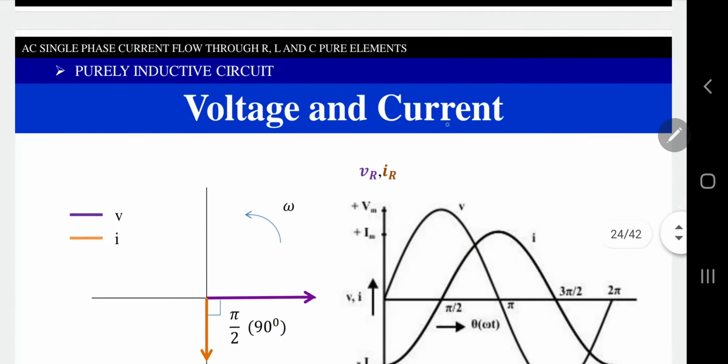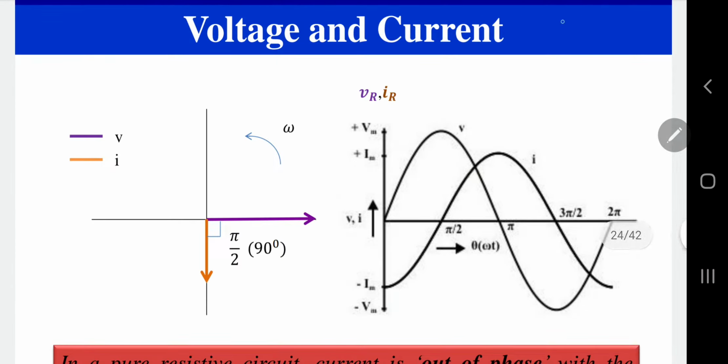Now let us go through the voltage and the current waveforms and their phases. The voltage and current waveforms we already studied. Now how can we represent it in the phasor diagram? As the voltage starts from its 0 position, its phase value is 0, so we can represent the phasor on the 0 axis. So this is the voltage phasor.